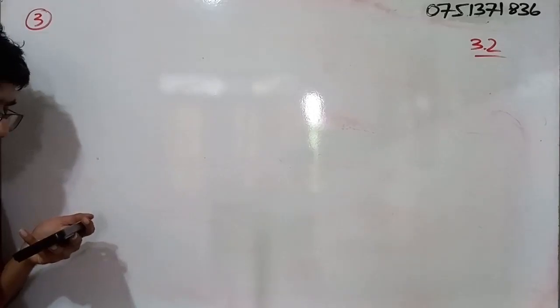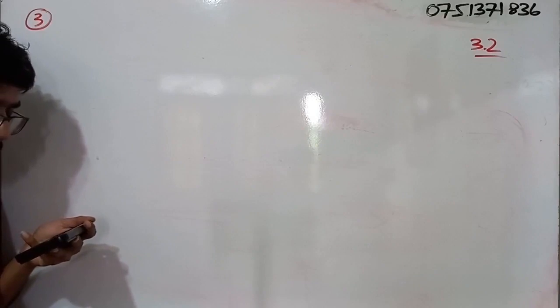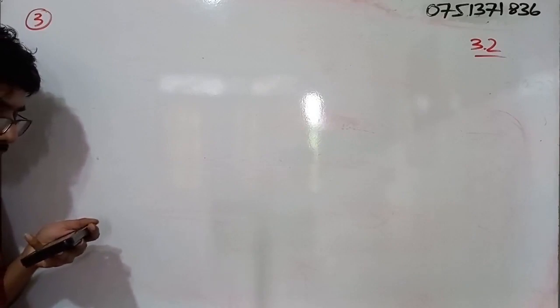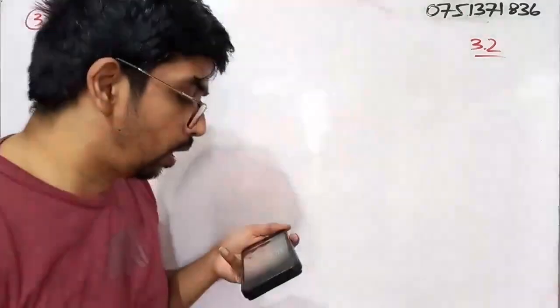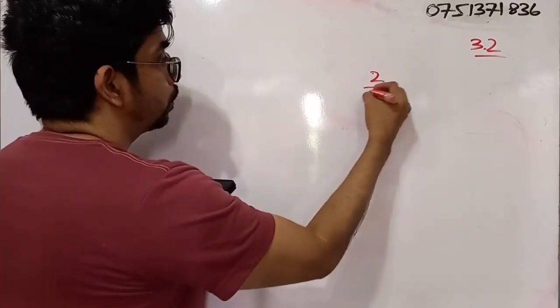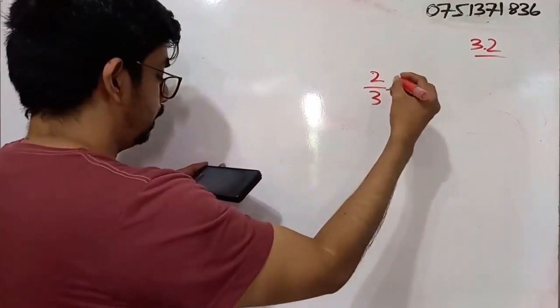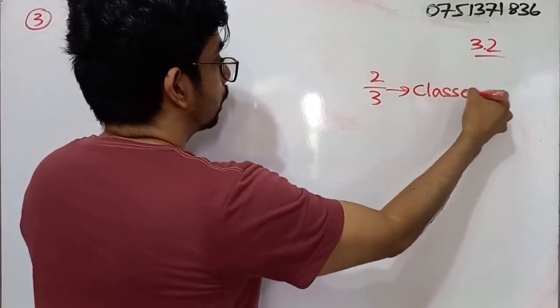It has been decided to allocate 2/3 of the floor area of a certain hall for classrooms, 2/3 of the remaining portion for an office, and the rest of the floor area, which is 200 square meters, for the library. Right. So we will write those things. 2/3, that is for classrooms.